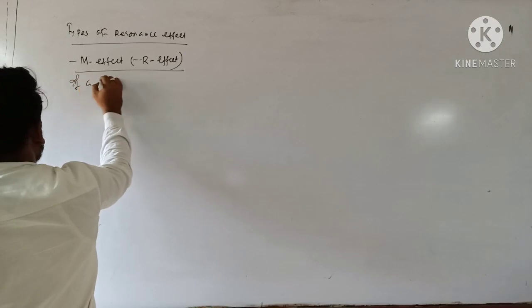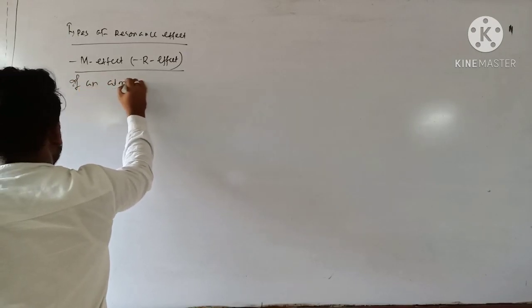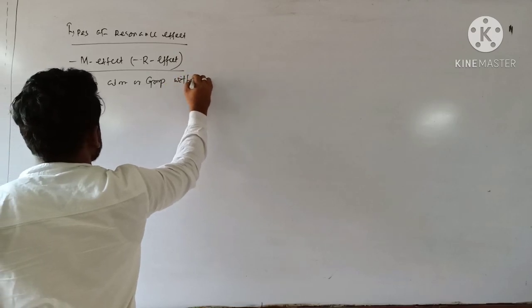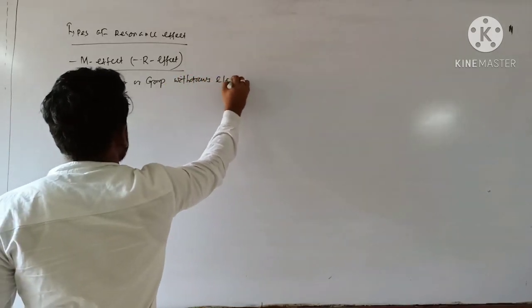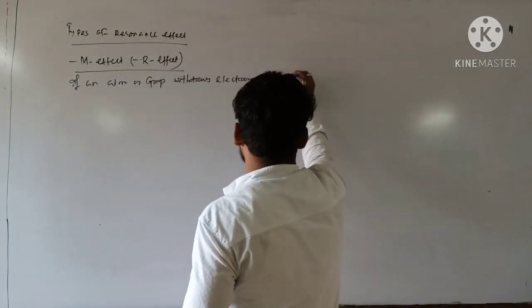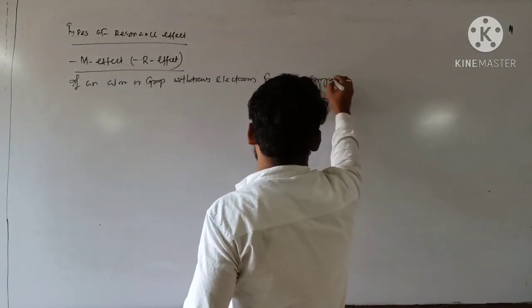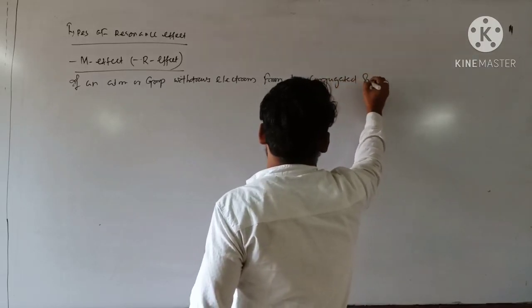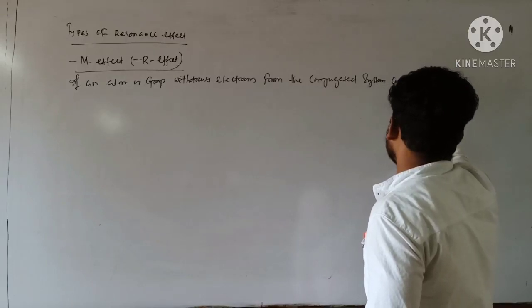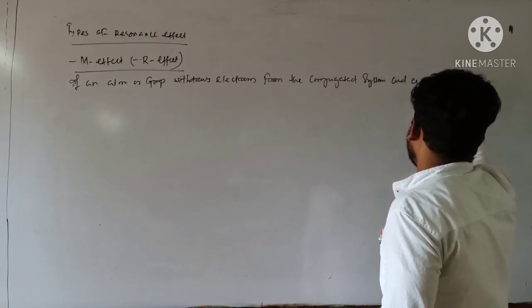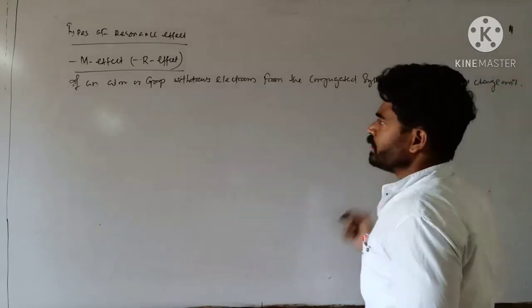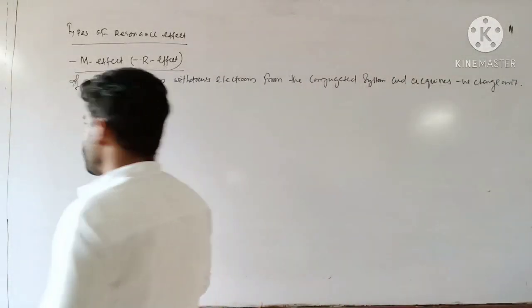If an atom or group withdraws electrons from the conjugated system, and acquires negative charge on it, that is called negative mesomeric effect.